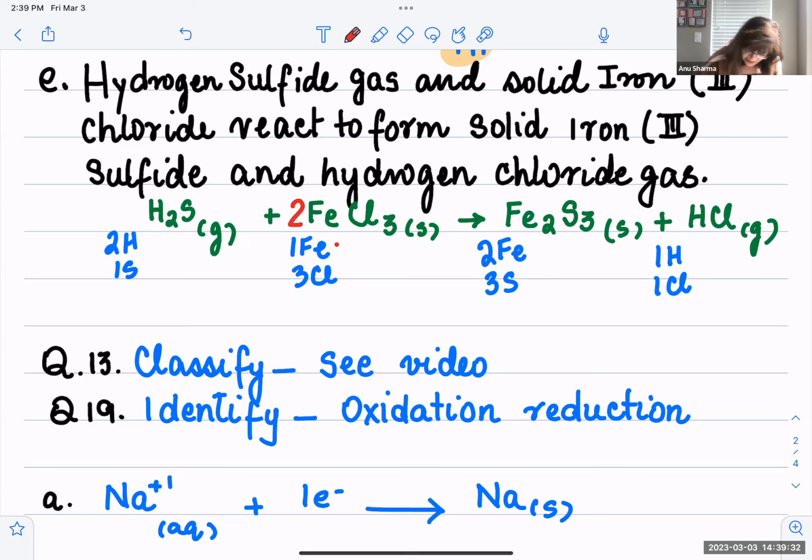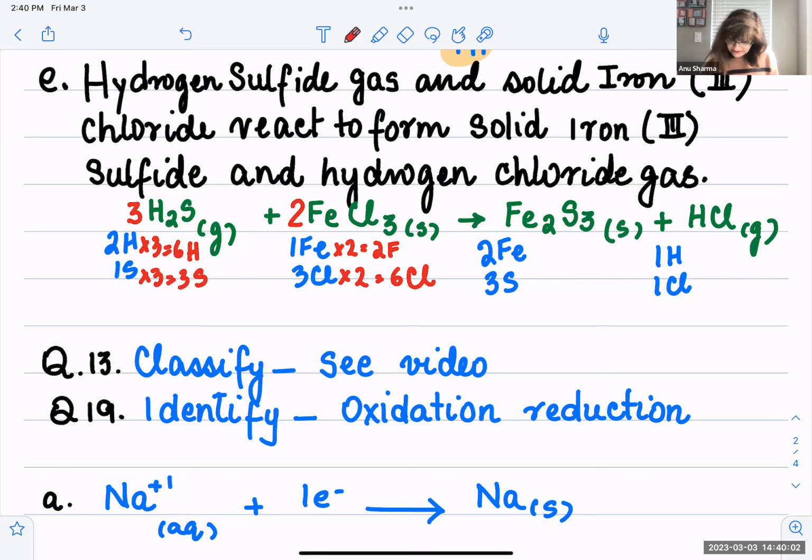So this makes 2 irons on one side, and now there are 6 chlorines on one side. So we will have to make the other 6 chlorines also, but hold on to that. So iron is fixed. Let's look at sulfur. Sulfur is 3 on one side, but sulfur is 1 on the other side. So if you make it 3, that makes 2 times 3 equal to 6 hydrogens, and 1 times 3 is equal to 3 sulfurs.